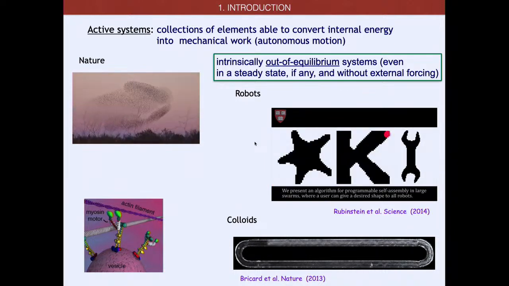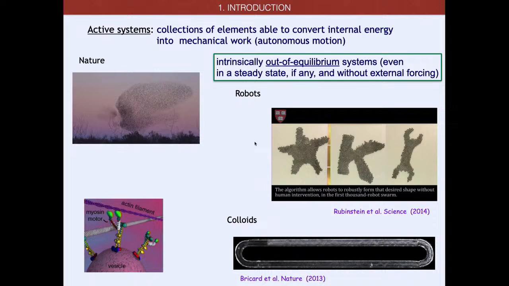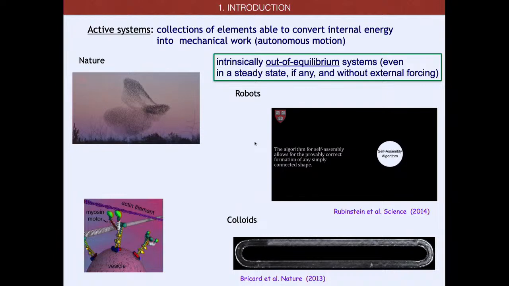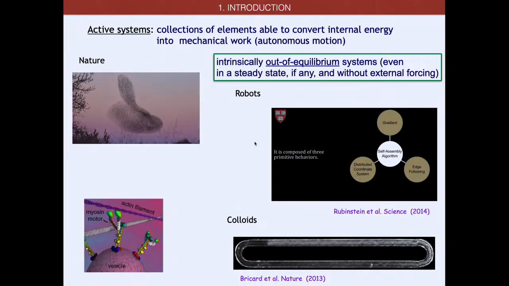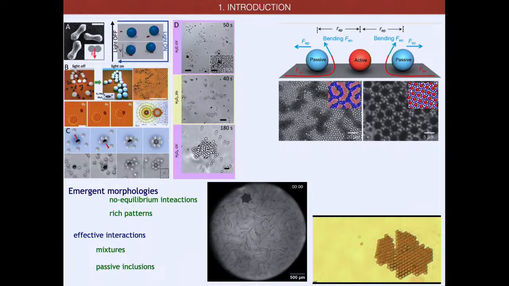These are small robots that talk to each other, and the first talk today was also about robots talking to each other. This is a very quickly growing area where many of the ideas I will be talking about will also be relevant. As I said, at the colloidal scale, we know in equilibrium how particles interact.